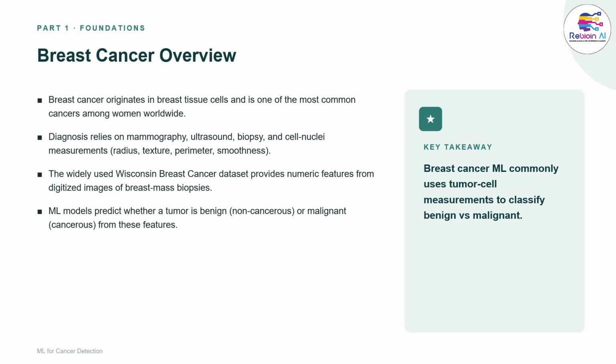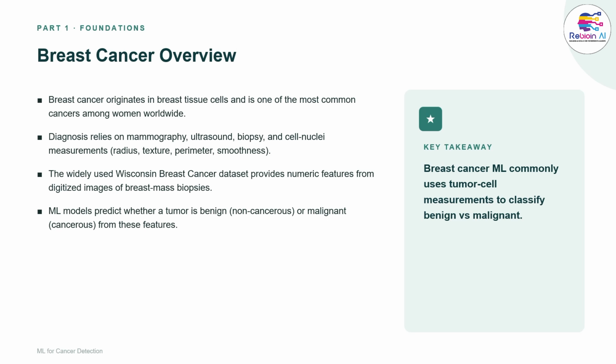Here's the part that matters most for us. When pathologists look at those biopsy cells, they measure specific physical properties: the radius of the cell nucleus, its texture, perimeter, and how smooth or jagged its border is.